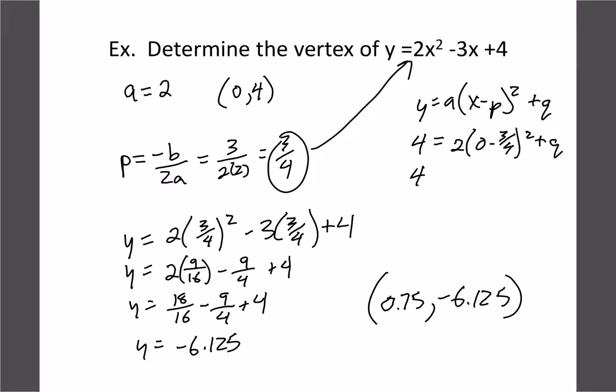So we end up getting 4 equals 2 times 3/4 squared, which is 9/16. So we get 4 equals 18/16. So 4 minus 18/16 is 2.875. So that's not matching. Let's see what we did wrong here.